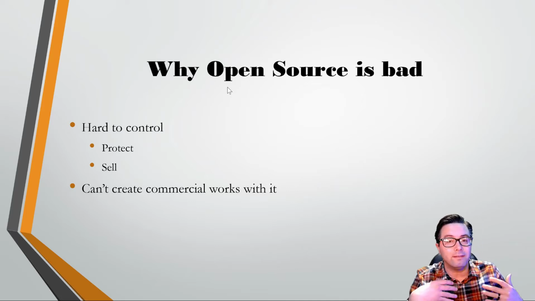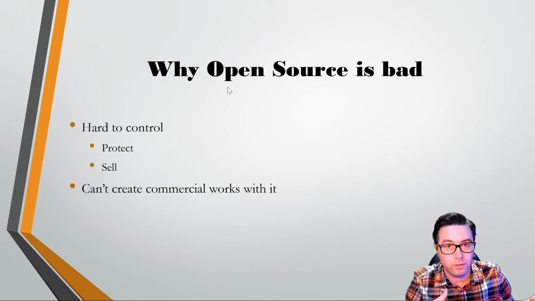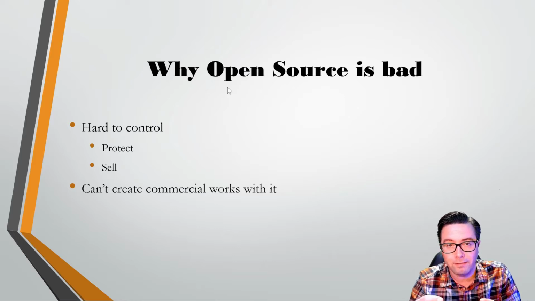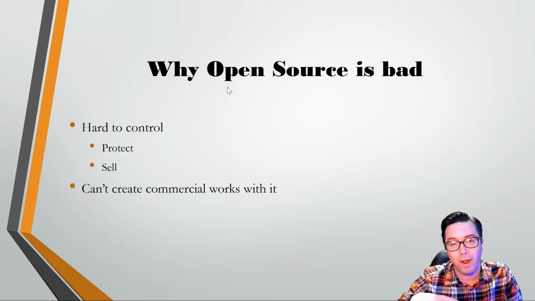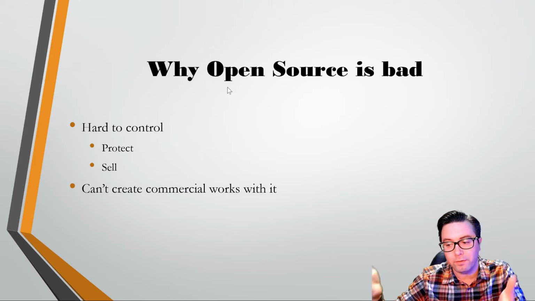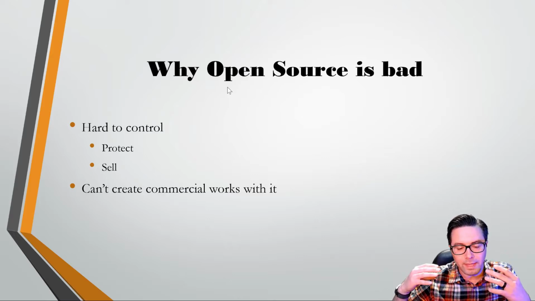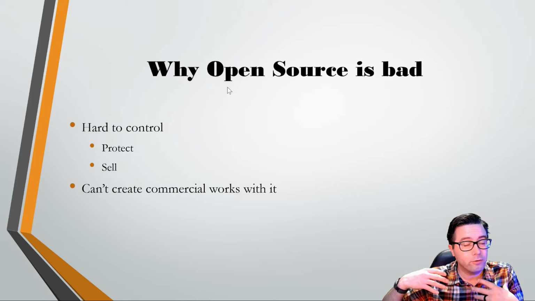The idea is, if you remember with the GNU GPL, that copyleft, if that bit of code enters into their proprietary software, then they're legally required to disclose their entire proprietary work, so other people can copy it and stuff like that. So it's harder to monetize with open source. It's harder to protect.